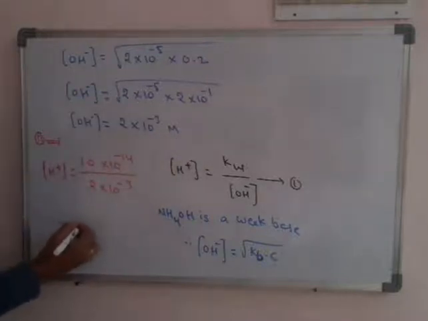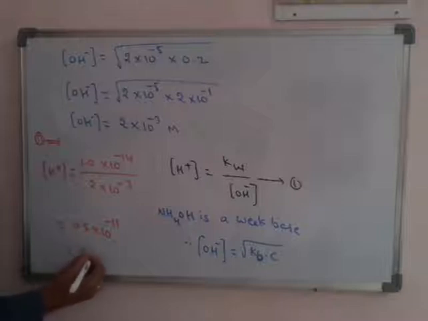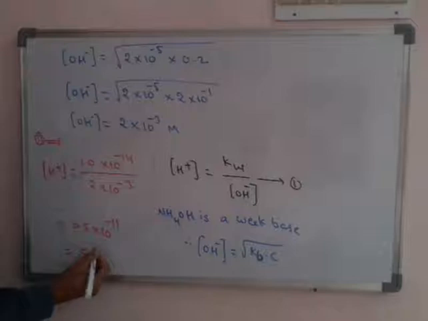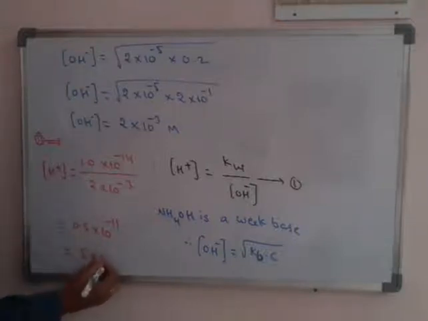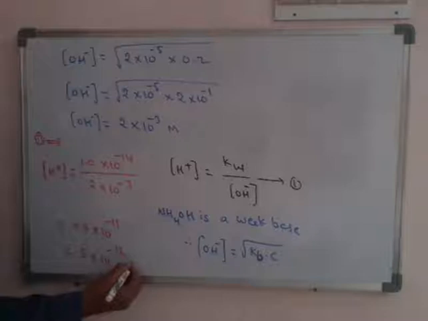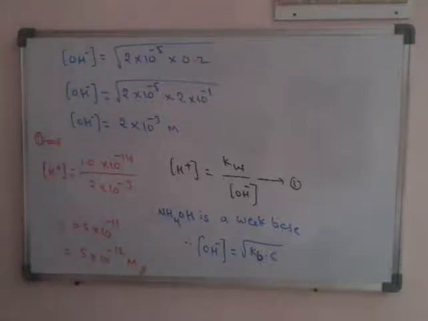So 1 by 2 we can say is 0.5, and minus 14 plus 3 gives minus 11, so it is 5 into 10 to the power minus 12 moles per liter.